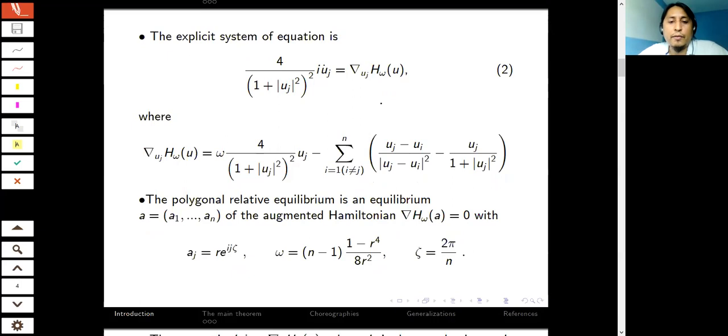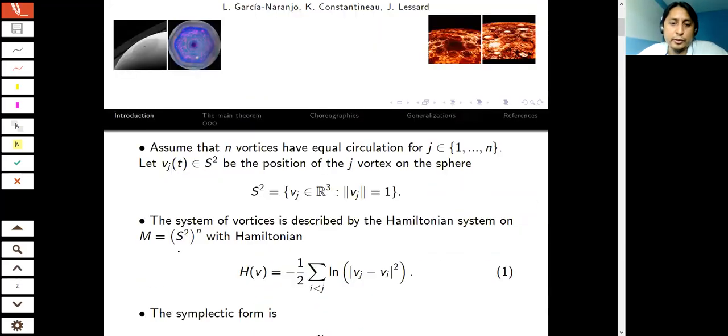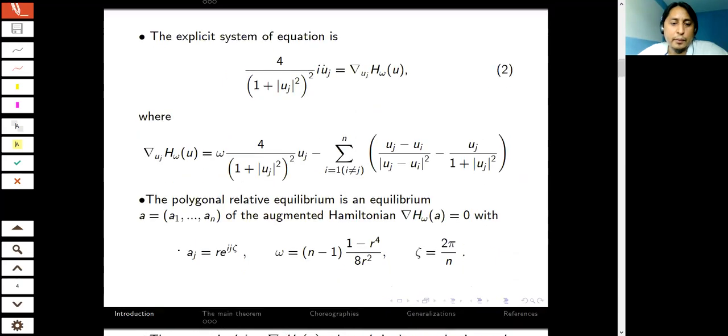For that Hamiltonian system, I have an equilibrium, which is really a relative equilibrium, a polygonal relative equilibrium. Why the polygonal relative equilibrium? Just because these structures really appear in nature. So that's going to be my starting point.